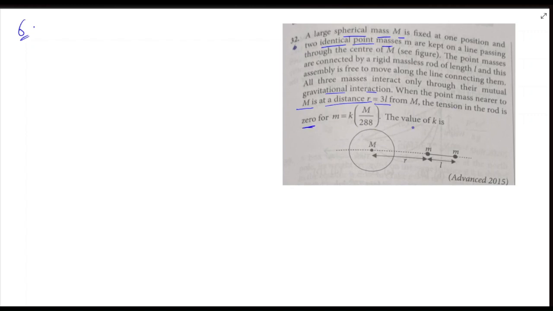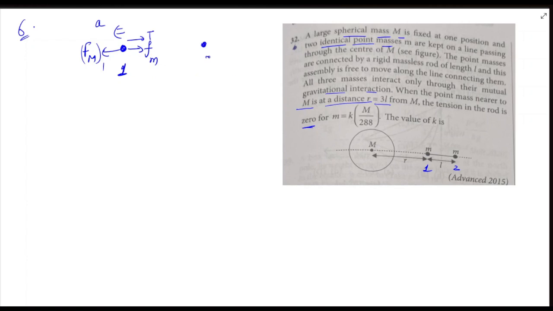Okay. So we have to use a free body diagram. So let's say this is 1, this is 2. On this first particle, the force will be here, this will be F due to small m, and here the force will be due to capital M. So we'll write it as F_M1 on 1. Now maybe it has some acceleration here, let's just say A. And there will be tension also, so tension will be in this direction.